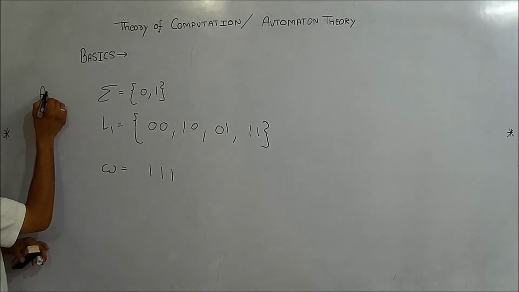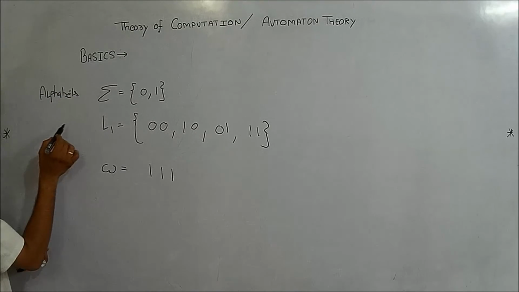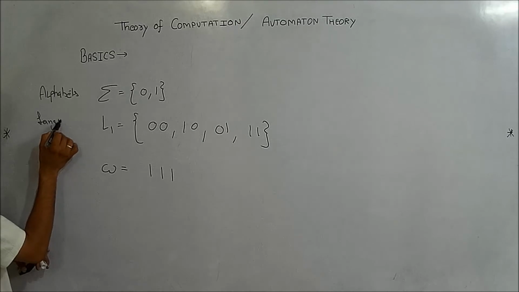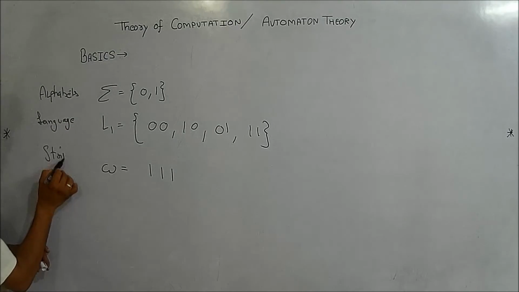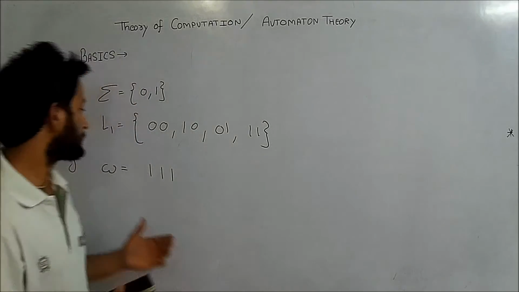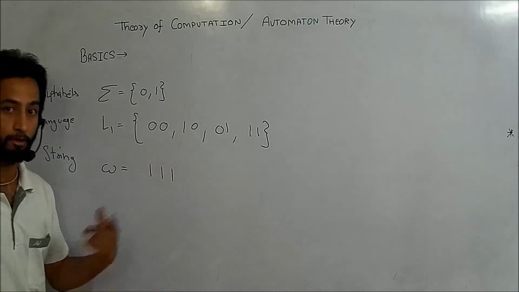The alphabet is 0 and 1, this is our language, and this is the string. Now I have to check whether the given string is present in this language or not.